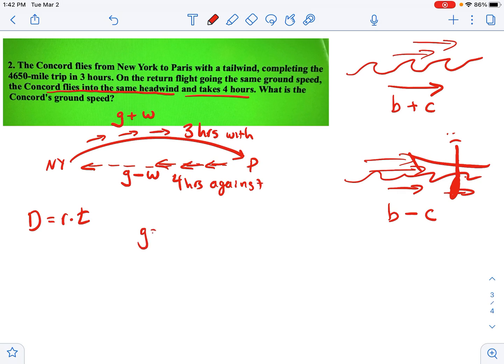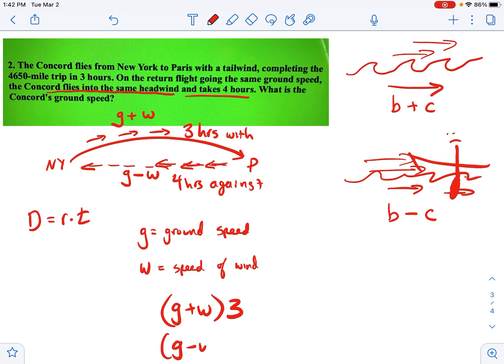I need to define my variables. G is the ground speed of the plane. W is the speed of the wind. Sometimes it's making me go faster, and that's when I traveled for 3 hours. Sometimes it's going against me, and that's when I traveled for 4 hours.